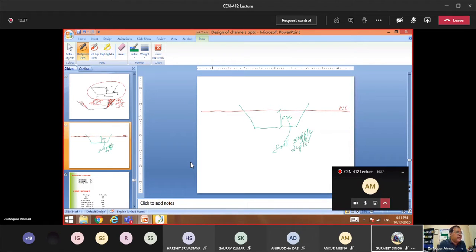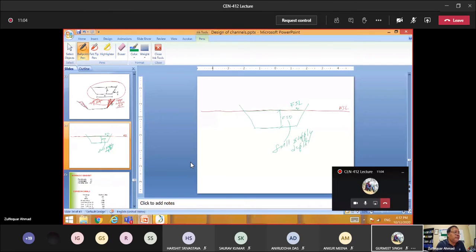Okay, and this one is the water level, also called the full supply level. Better we write here the FSL, right? FSL means the full supply level. This is not HFL.